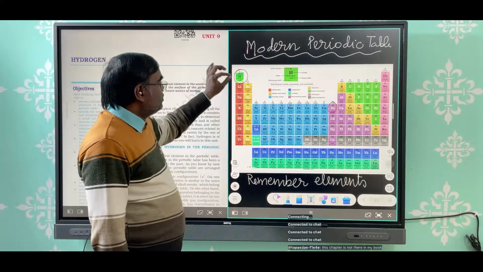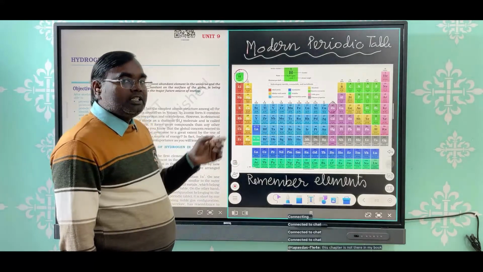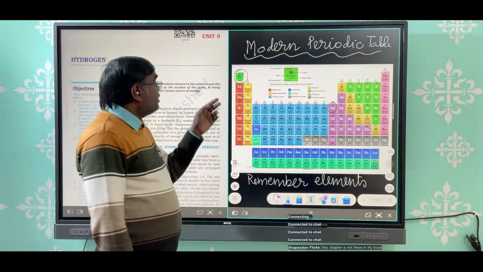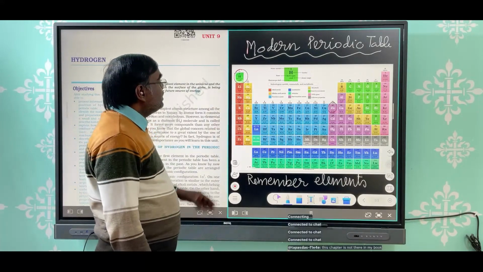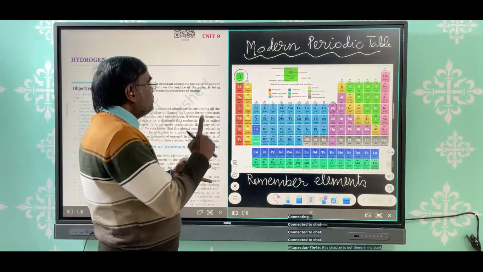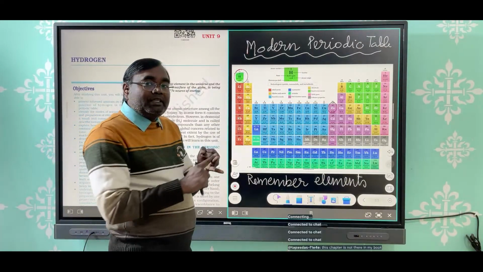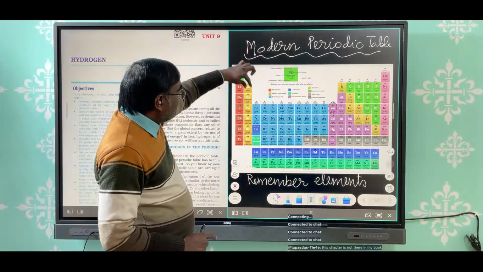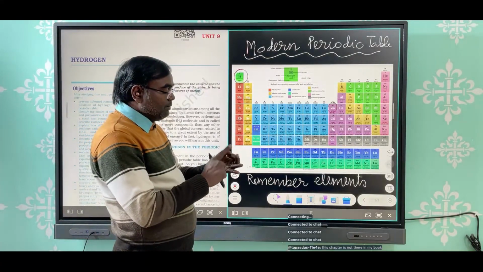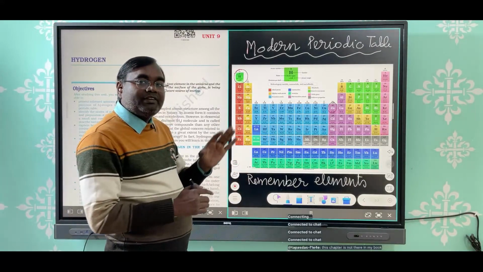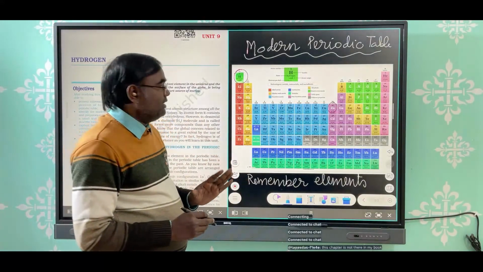Once you start revising, it will be memorized. The first group elements have valency plus 1, and group 2A elements have valency plus 2. So beryllium, magnesium, calcium, strontium, barium, radium all have plus 2 valency.